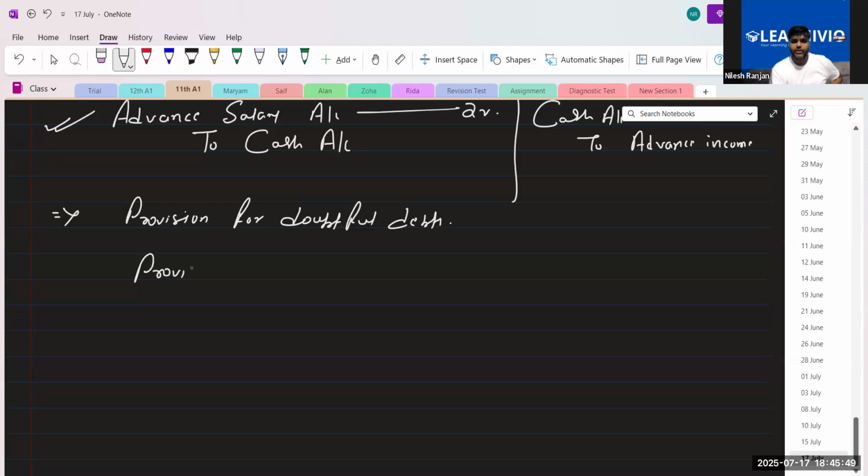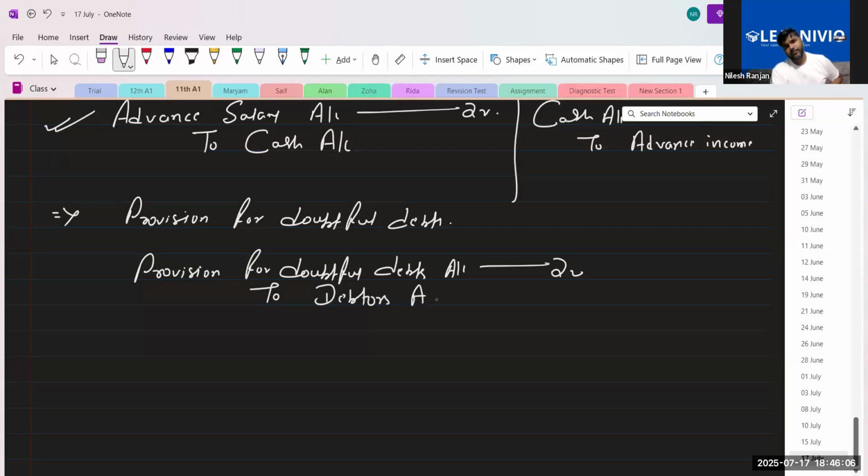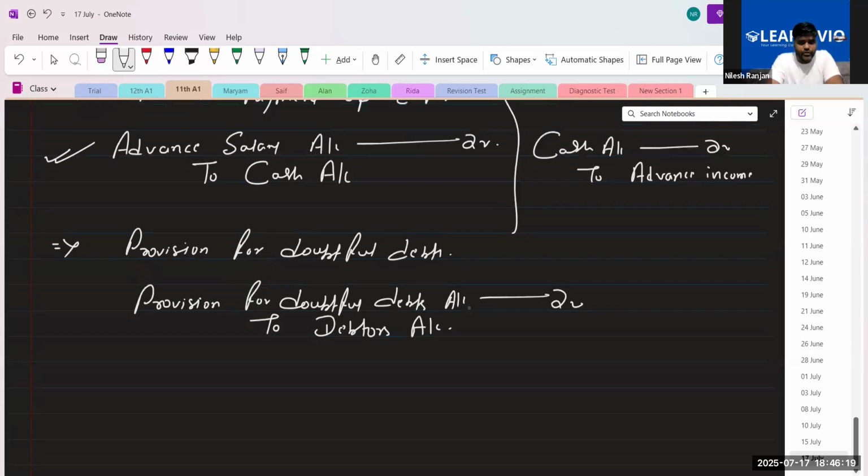So loss should be recorded on the debit side, and this loss will be deducted from the amount receivable from debtors. So provision for doubtful debts account debit to debtors.